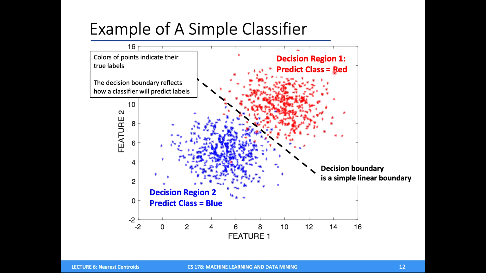And if we fall on the other side of the line, we're going to predict class equals red for all of these dots. So what we've really done is drawn some kind of decision boundary where, depending on what side of the boundary you're on, we'll make different predictions for the labels of our data points. Here we have a very simple decision boundary. It's just a straight line. And in fact, if you sat down and thought about it for long enough, you could write down an equation for this decision boundary.